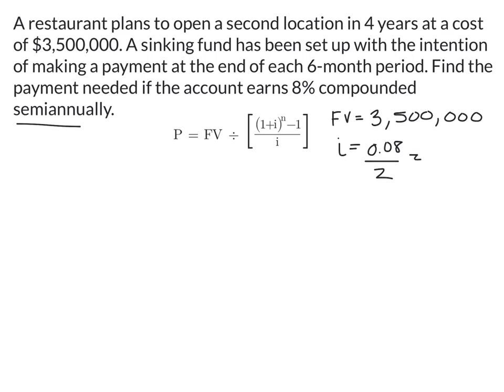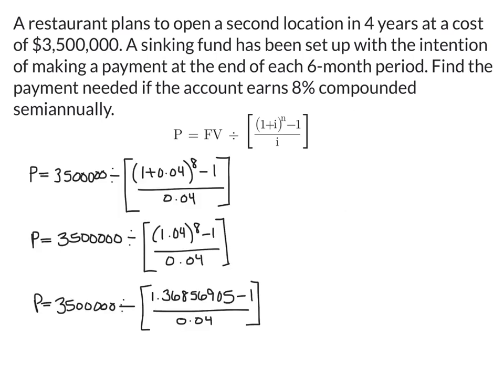And 0.08 divided by 2 gives us a value of 0.04. And finally, N is the number of times it's compounded a year, which is 2, by the number of years, which is 4, so N will be 8. And we'll just take those values and plug them into the formula. When we plug those numbers into the formula, we get the equation on the screen.